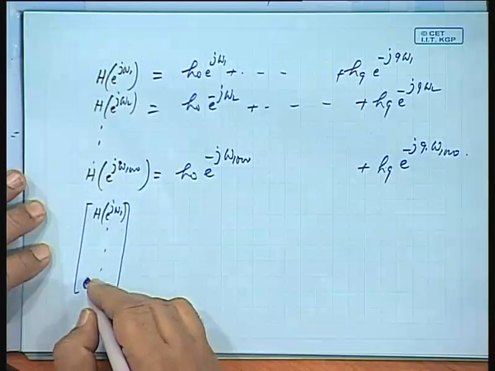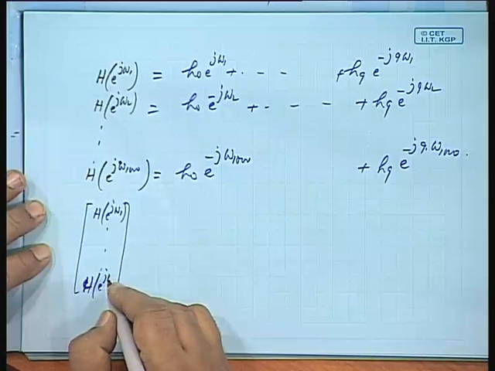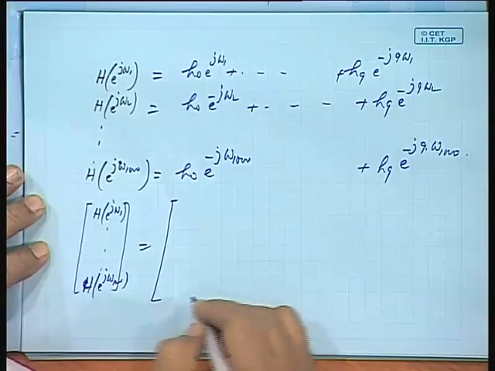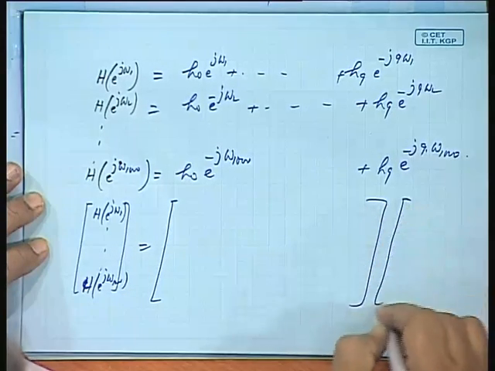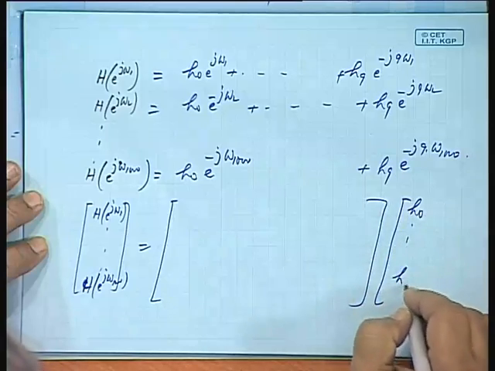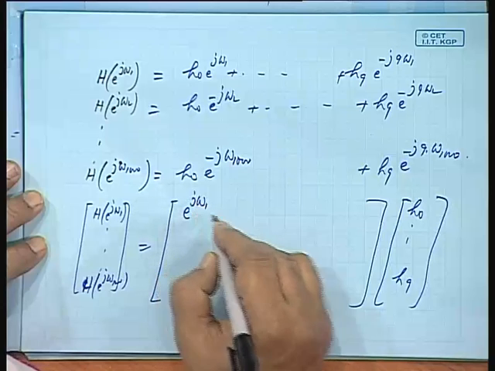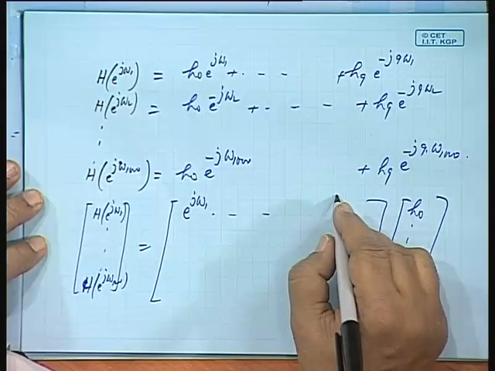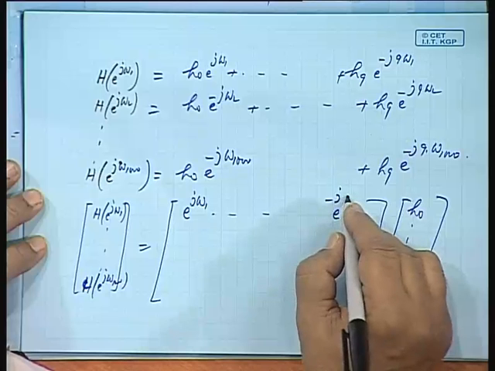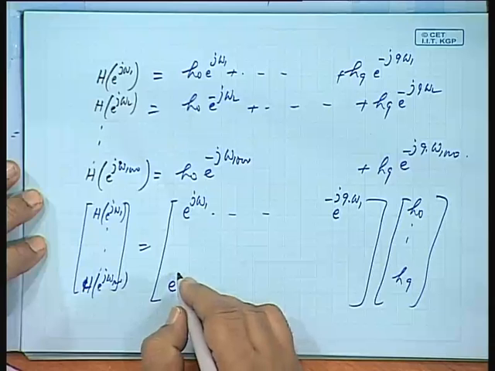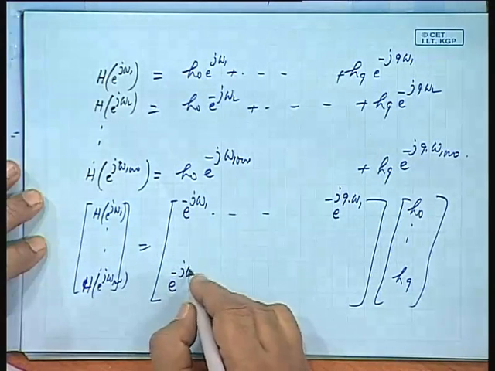On this side I get H0 up to H9, and this matrix has entries e to the power j omega 1 up to e to the power j 9 omega 1, and similarly the last row will be e to the power minus j omega 1000 up to e to the power minus j 9 omega 1000.